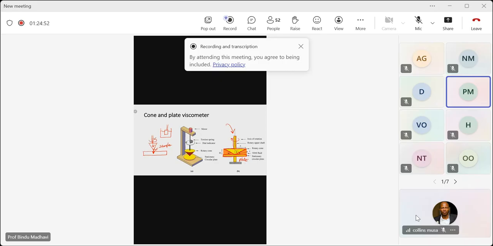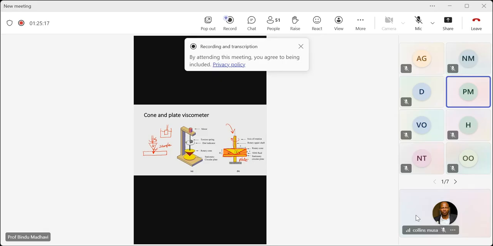So the cone is placed into the gap. It is filled with the sample, and the cone is allowed to rotate. Again, the same story. If the sample is highly viscous, the cone will experience difficulty in rotating. When the liquid viscosity is less or it is dilute, the cone will show more rotations.